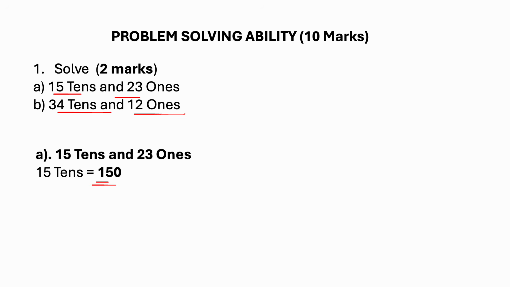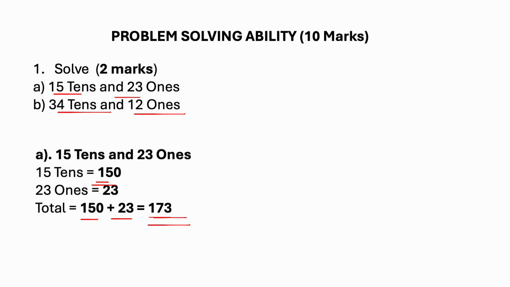Then what is 23 ones? 23 ones is equal to 23 into 1, that is 23. So total 150 plus 23, that is 173. This is the answer.